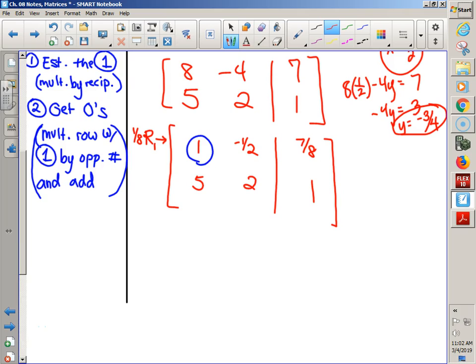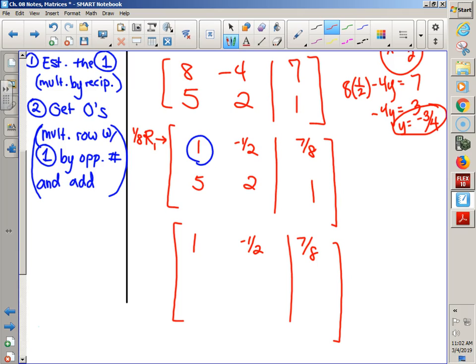Multiply the row with 1 by the opposite number. What's the opposite of 5? Negative 5. So what we're going to do is actually keep row 1 the same, because he has his 1 just like I want him to have. I'm trying to get my zeros, which is in row 2. So let's do literally what it says.